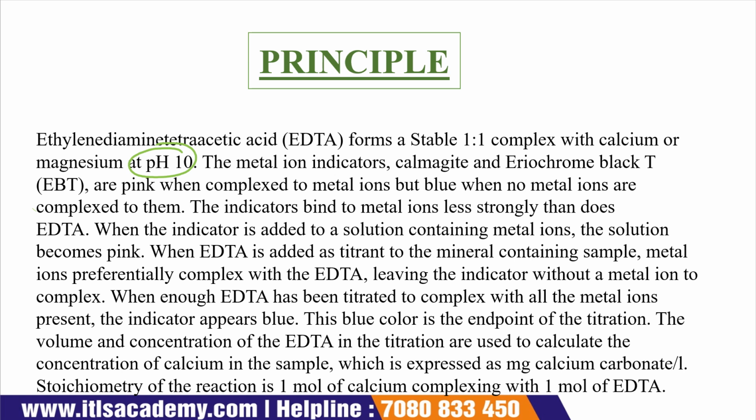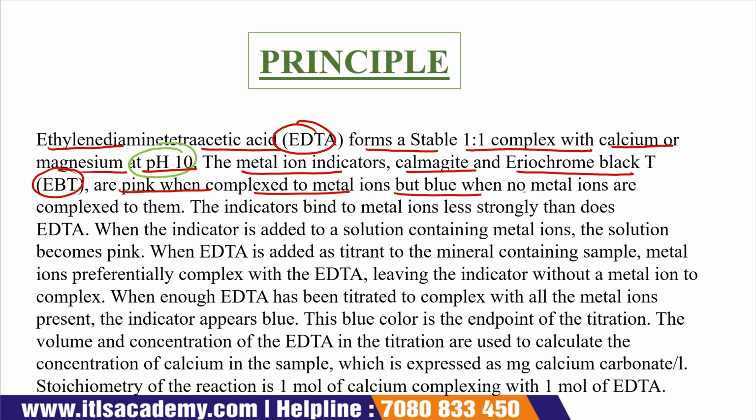Now see what is written in the slide. Ethylene diamino tetraacetic acid, also called EDTA, forms a stable 1:1 complex with calcium or magnesium at pH 10. The metal ion indicators Calmagite and Eriochrome Black T, also called EBT, are pink when complexed to metal ion, but blue when no metal ions are complexed to them.